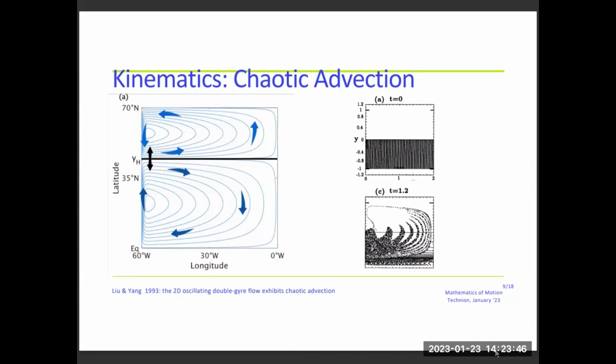And chaotic advection means, of course, just Lagrangian advection, so the transport of 2 points that start very, very close together can be exponentially separating. And this phenomenon, called chaotic advection, results in mixing between the gyres when the oscillating demarcation line is oscillating in the correct manner.